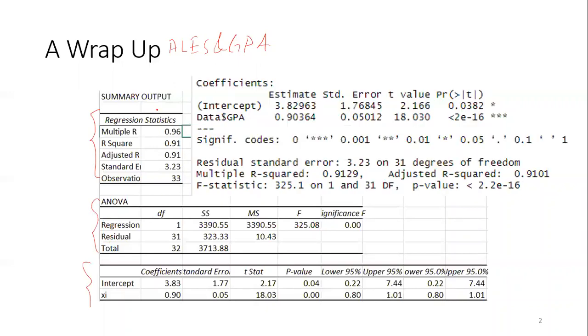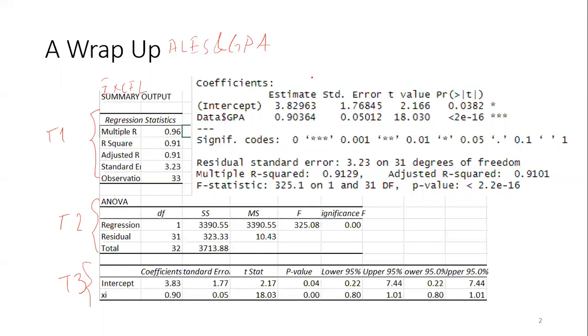This is the Excel output, and you will have the same thing from the R output. Let's say the table below is table 1, this is table 2, and this is table 3.